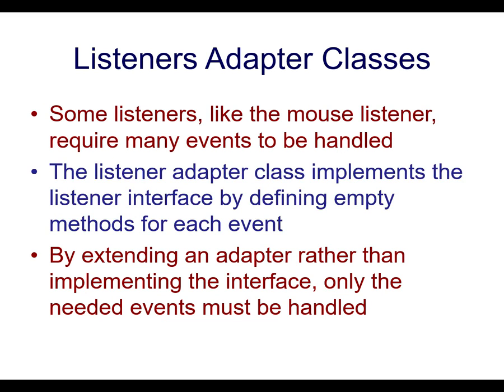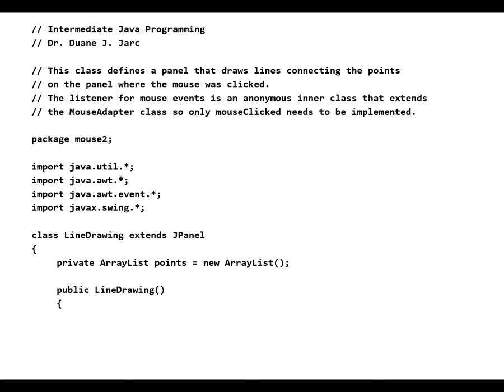The listener adapter class implements the listener interface by defining empty methods for each event. The benefit to extending the adapter class rather than implementing the listener interface is that only the needed events must be handled. So now let's look at how the same program would be written using the adapter class.